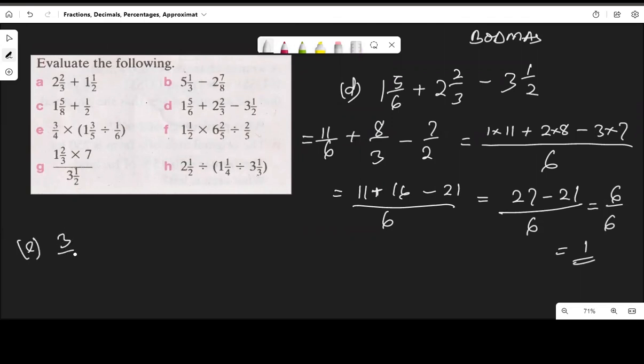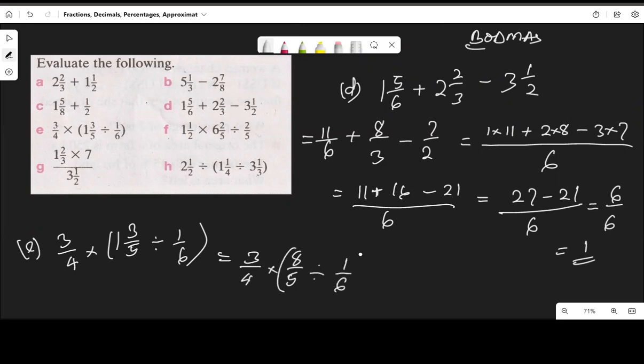E, we have 3 over 4 multiplied by 1 whole number 3 over 5, divided by 1 over 6. BODMAS, we need to apply the bracket first. So we solve the expression in brackets. Converting this to an improper fraction, we have 3 over 4 multiplied by 1 times 5 is 5, 5 plus 3 is 8, 8 over 5, divided by 1 over 6.